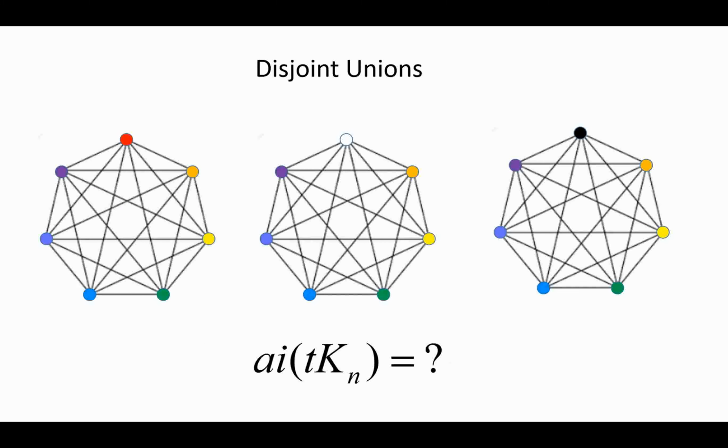Okay, but here's where we run into a bit of trouble. When we look at the asymmetric index of disjoint copies of graphs, we don't know very much at all. Okay? In fact, even for, let's say, the disjoint union of complete graphs, we don't know too much. Now, it's tempting to say, well, what we could do is start removing asymmetric trees from these different graphs.